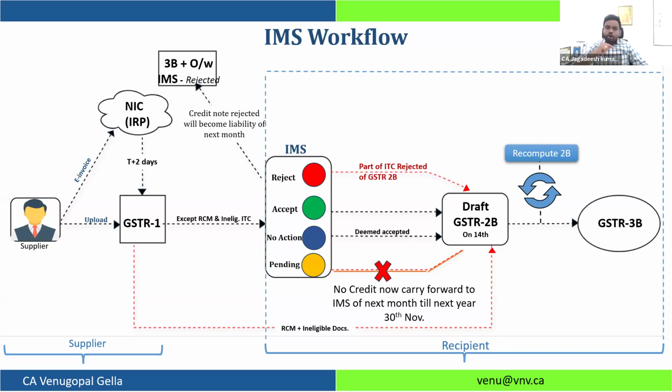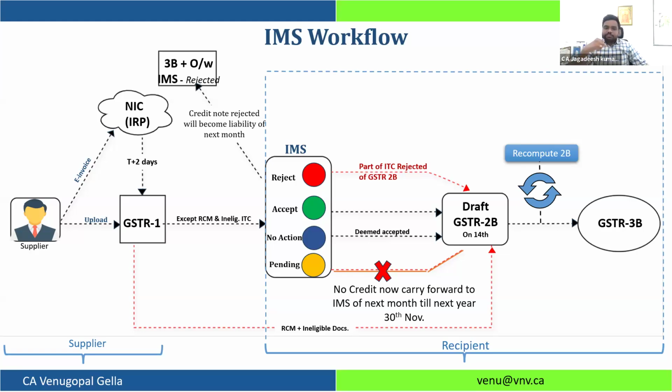So what IMS does, as and when I reject it, it goes to the supplier's GSTR-3B and adds liability to it. So there is no loss to the revenue, that is, for the government, there is no loss. For that reason, if I reject any credit note issued by my supplier, it will automatically add liability to my supplier in the next period, that is, a subsequent period.